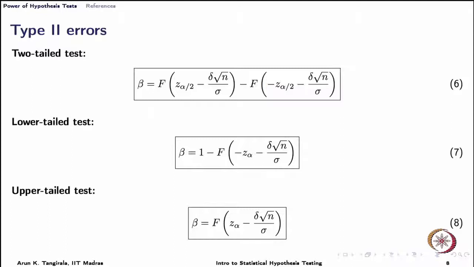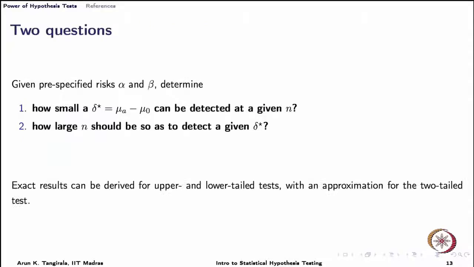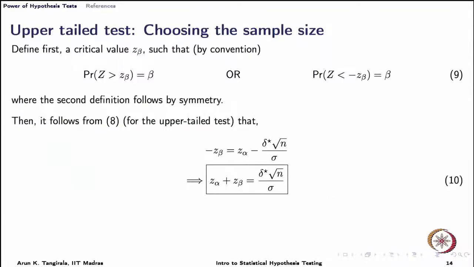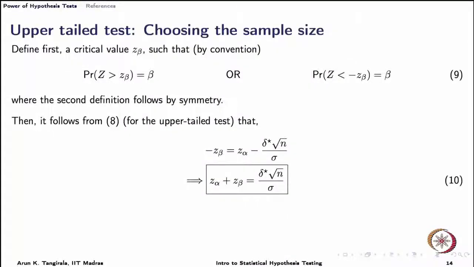Now, because we have defined beta to be the probability of z less than minus z beta, naturally the argument in the CDF becomes minus z beta. So, all you have to do is connect equation 9 and equation 8. Then you see that z alpha minus delta root n by sigma is nothing but minus z beta, and as a result we have z alpha plus z beta equaling delta star root n by sigma.